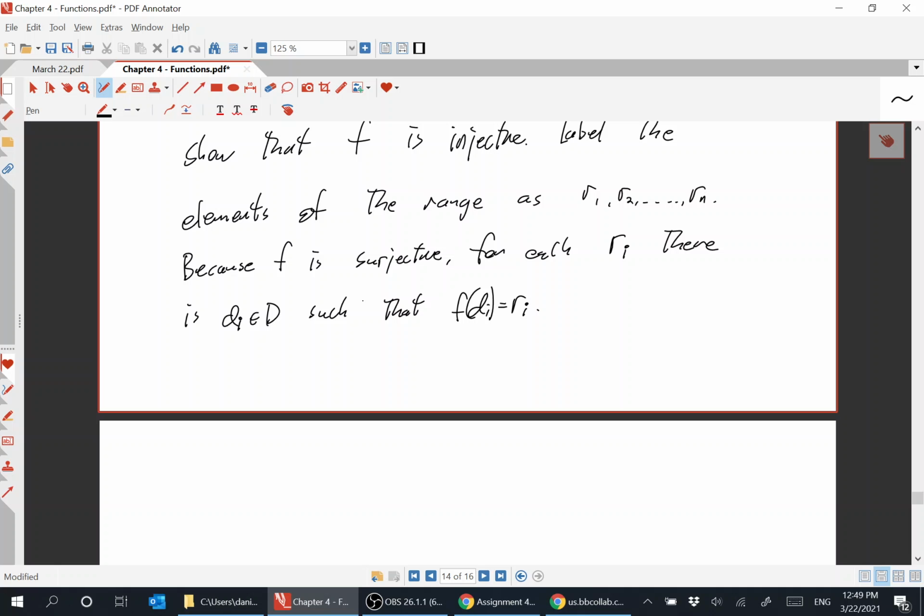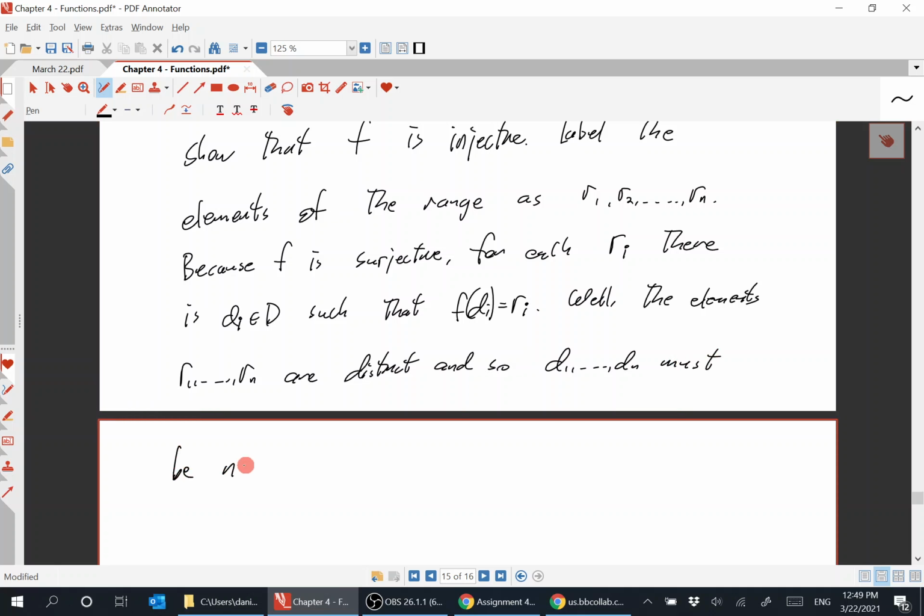Okay, well, all right, the elements R1 to Rn are distinct, and so D1 to Dn must also be n distinct elements of D, where the order of D is equal to the order of R is equal to n.